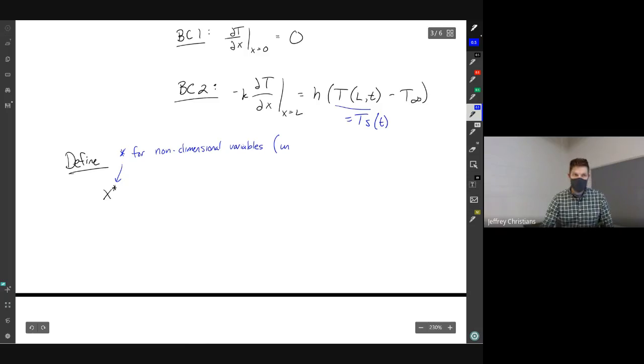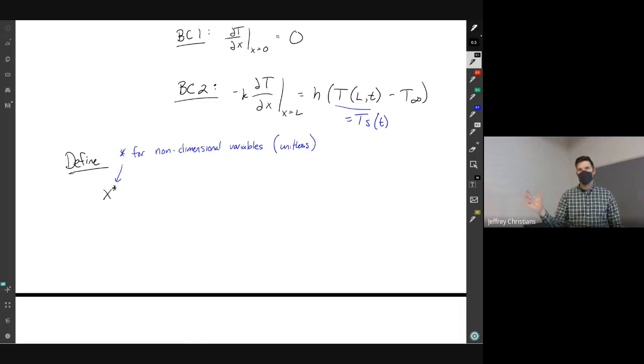Right, they're non-dimensional, they're unitless. So they're not metric or English units, they don't have any units. So we define a non-dimensional position, which is like a percent from 0% at the center to 100% at the surface. So we're like, what percent of the way are you toward the surface? So that is x star equals X over L.